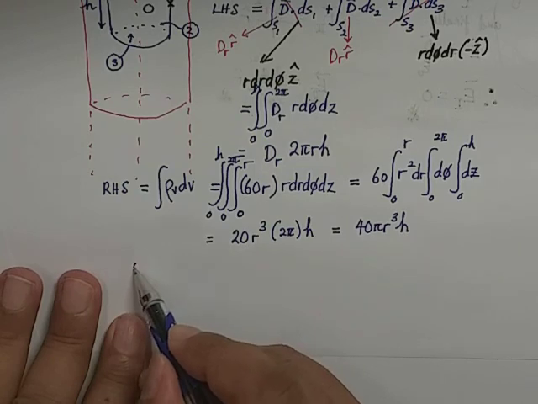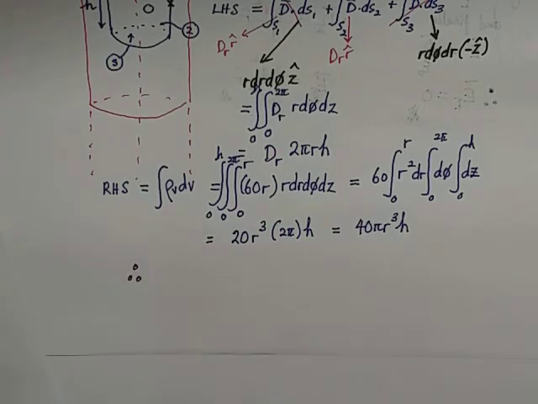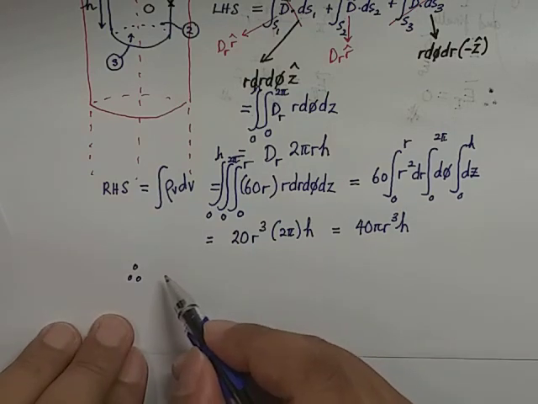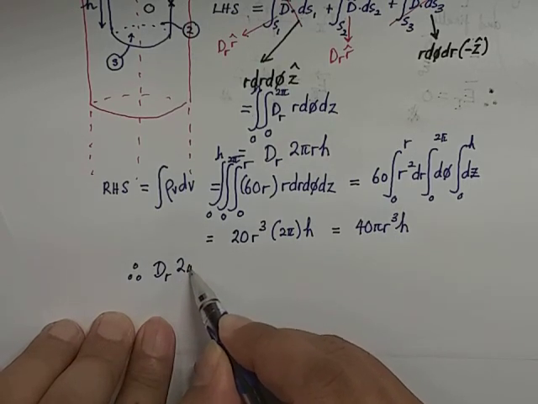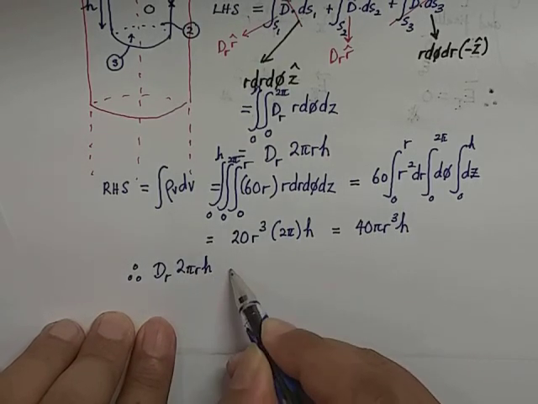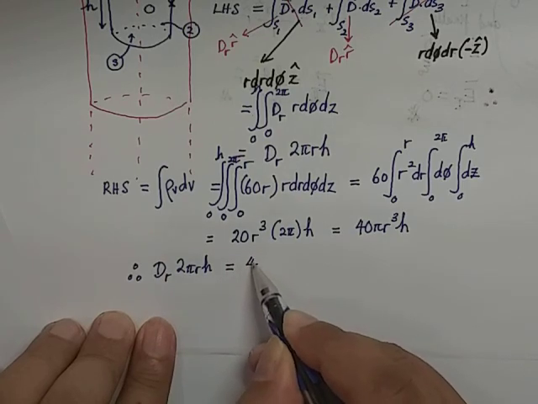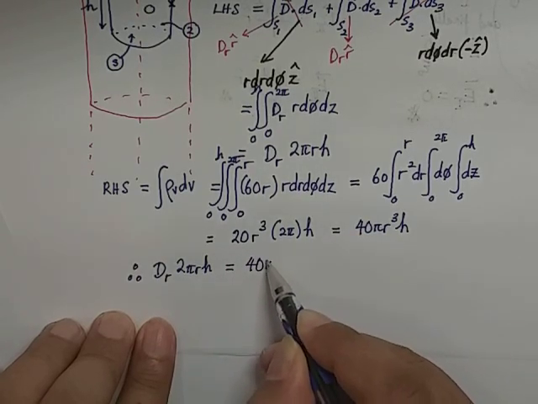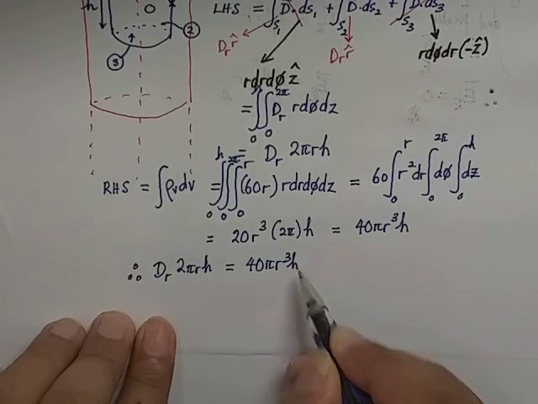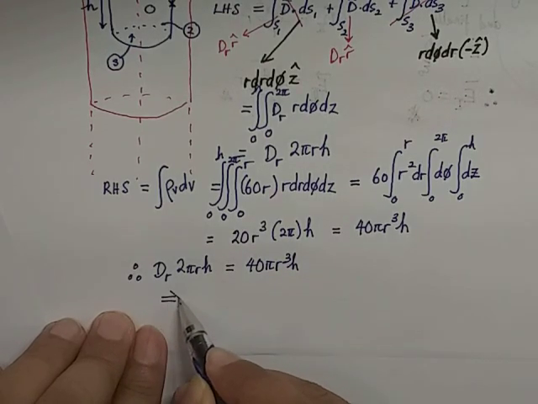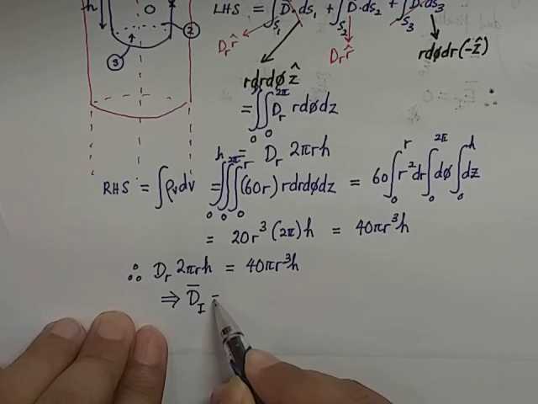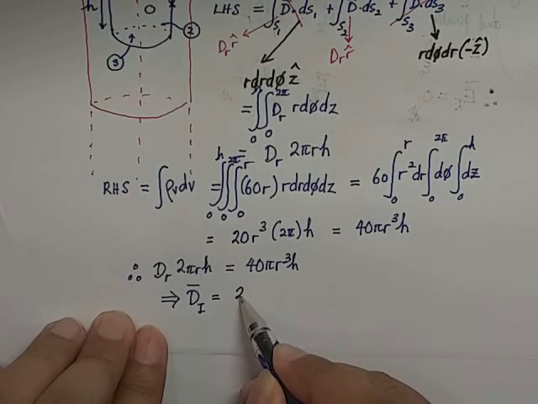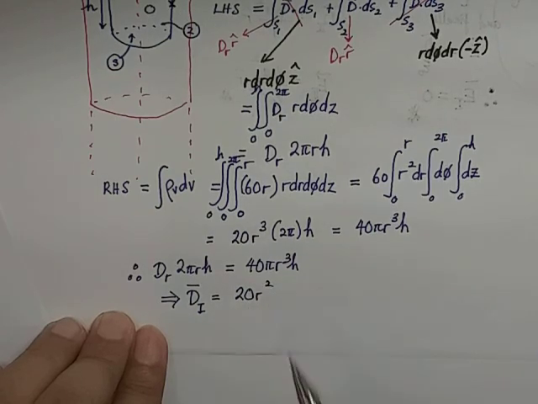So finally what we have is Dr 2 pi r h equal to 40 pi r cubed h, and we end up with D in region number 1 as equal to 20 r squared.